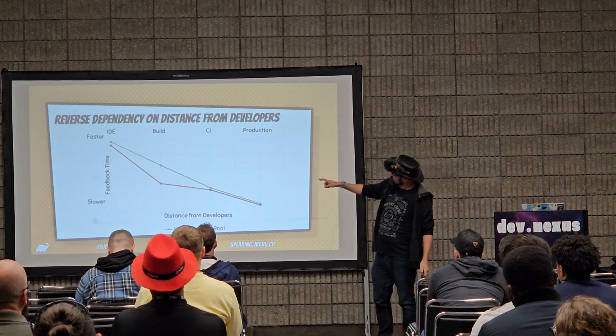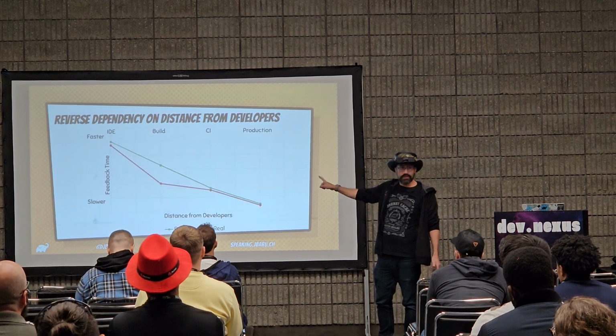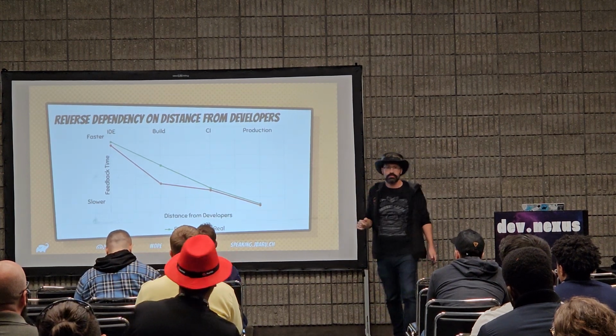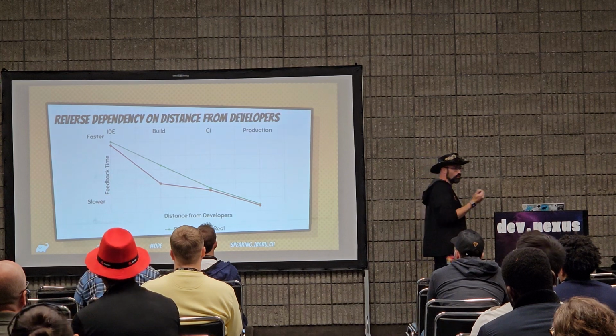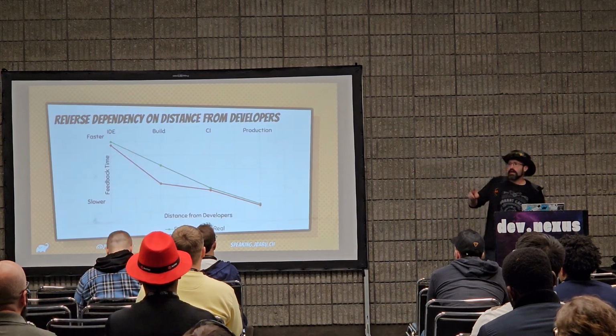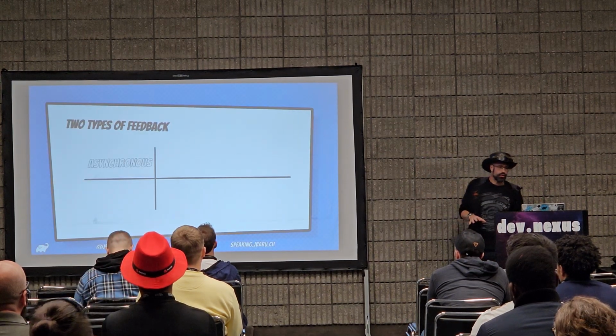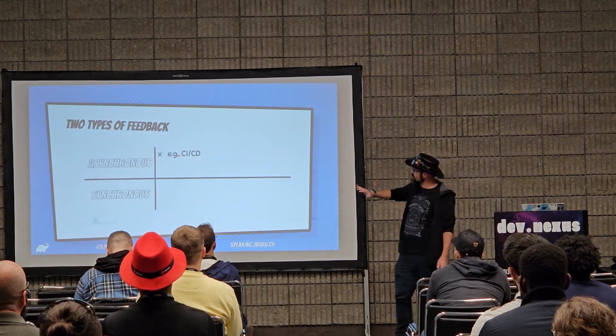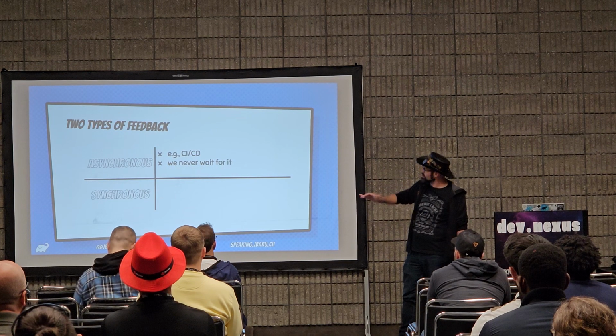There is one exception. In the real world, the build time is usually not following this trend. The build is much slower than you want it to be. Now, there are 2 types of feedback: asynchronous and synchronous. Asynchronous is your CI/CD.